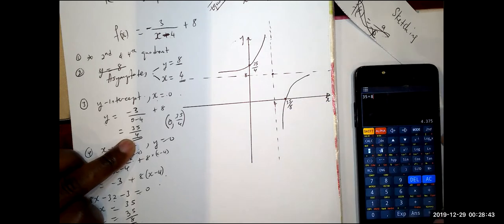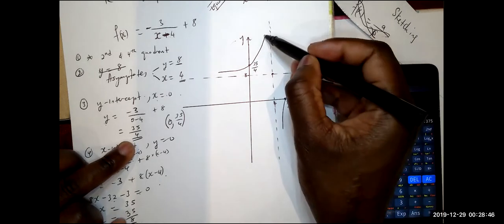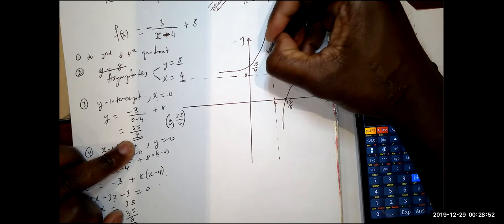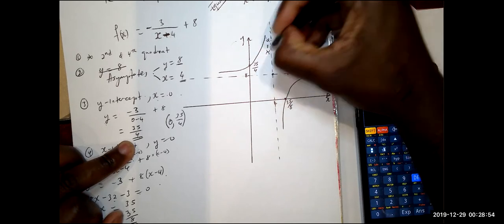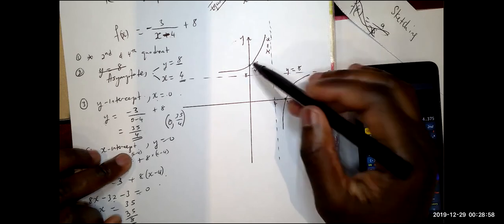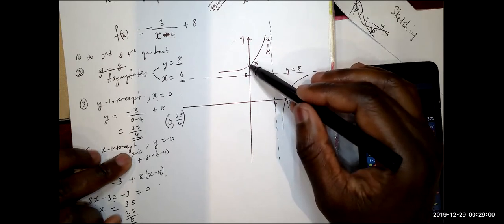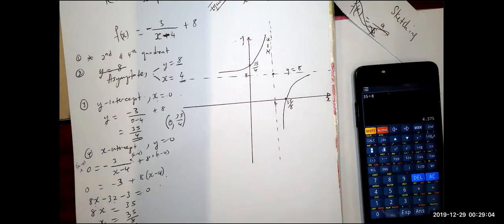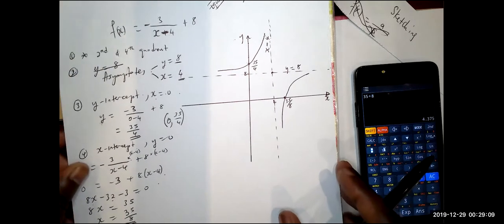Those are the coordinates that we have. So we have y equals 8 and x equals 4, these are the asymptotes. Once you have the asymptotes, the y-intercepts and x-intercepts, your sketch is actually fine like that.